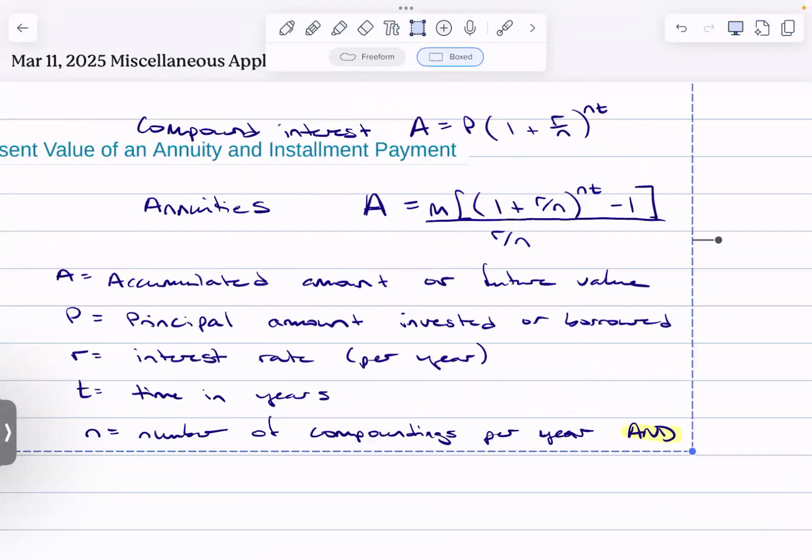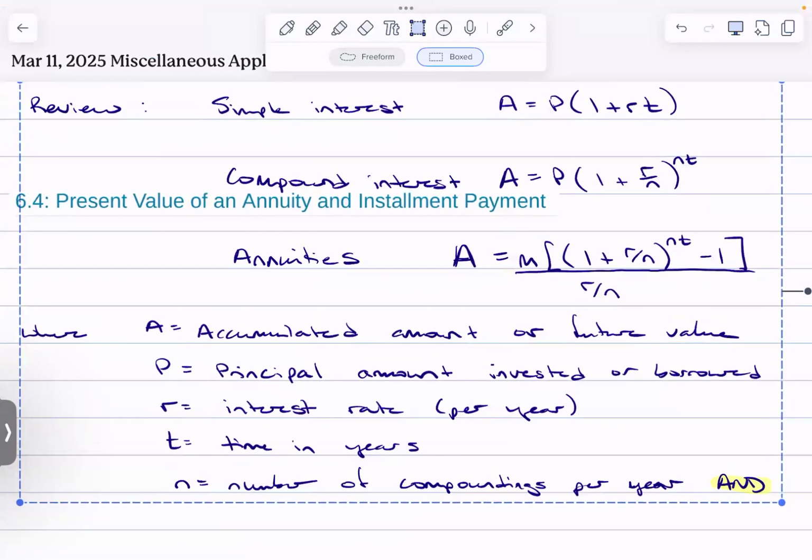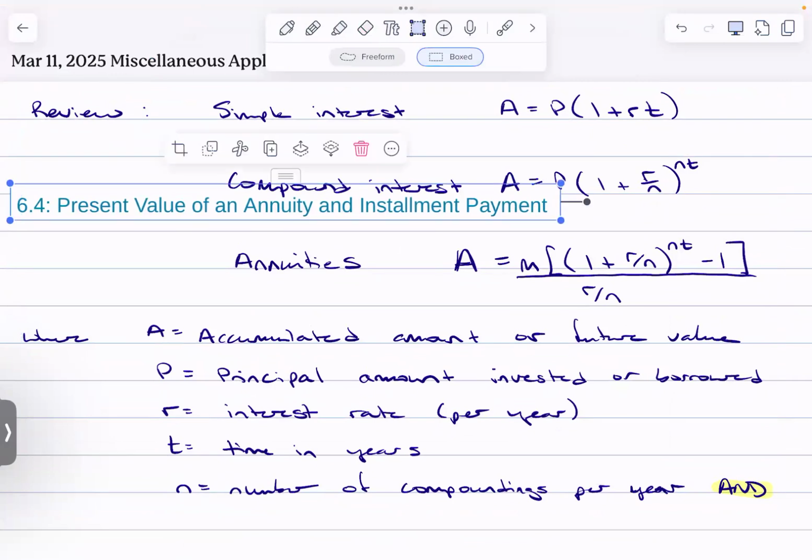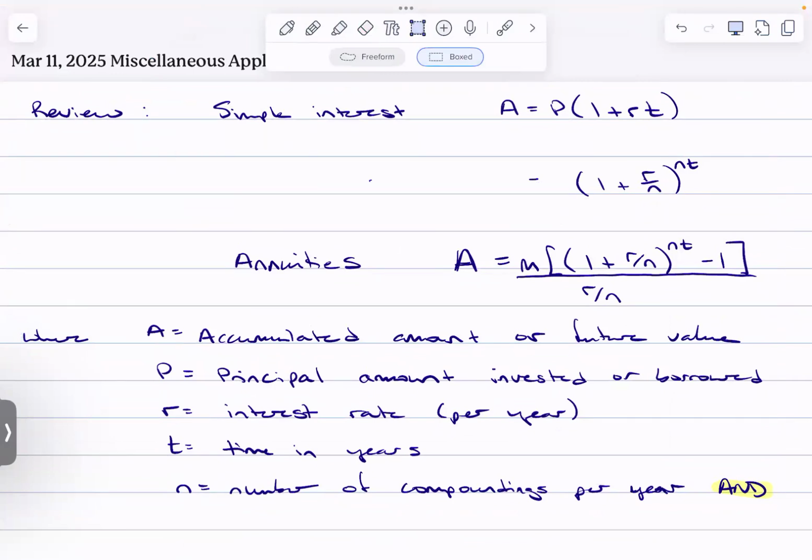Because we need all this stuff. Hey, what the heck? Fine. I don't know why it's being so difficult. Oops.